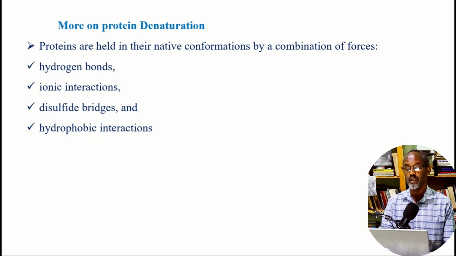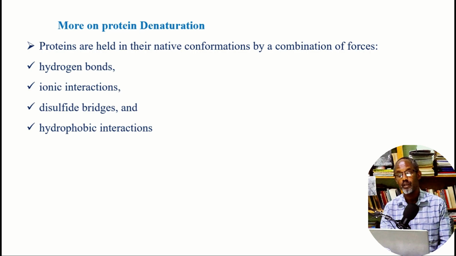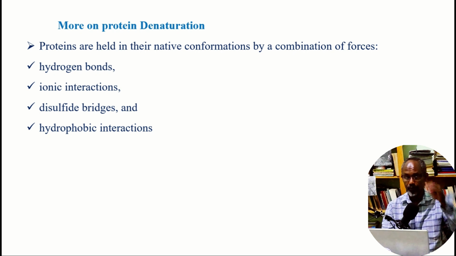One is hydrogen bonds, ionic interactions, disulfide bridges, especially if there are sulfur-containing amino acids, and hydrophobic interactions, if there are hydrophobic amino acids which are not water-loving. They come together in the three-dimensional shape of the protein, so they contribute to the three-dimensional shape. Therefore, don't forget these bonds or interactions, which are very important to form the three-dimensional shape of an enzyme or protein in general.